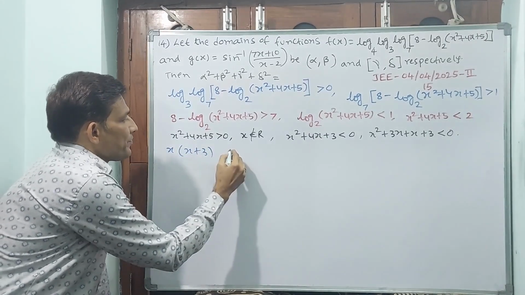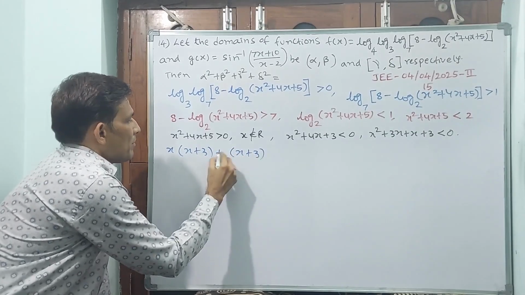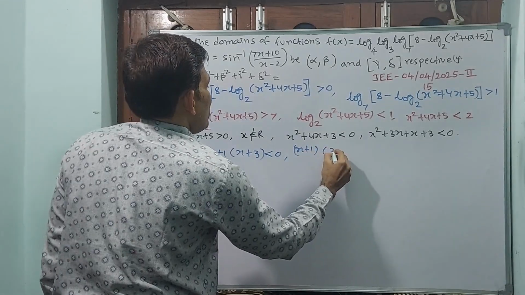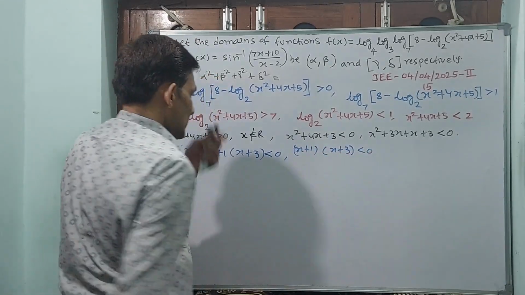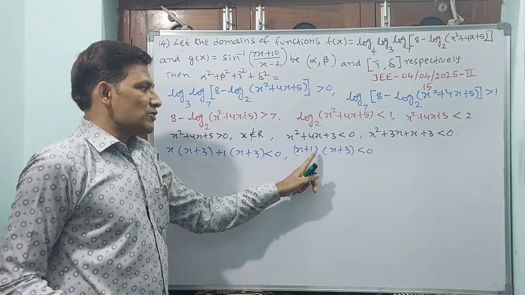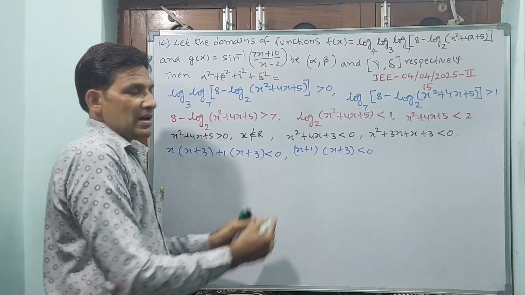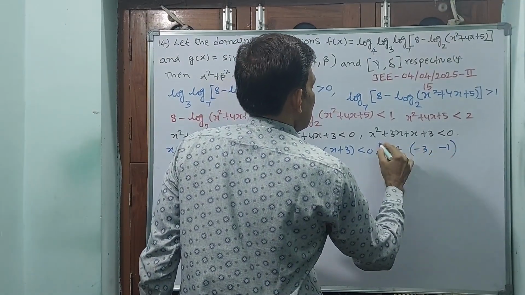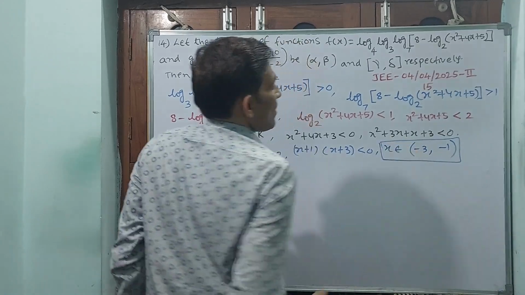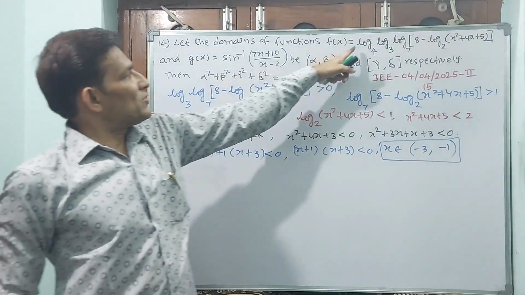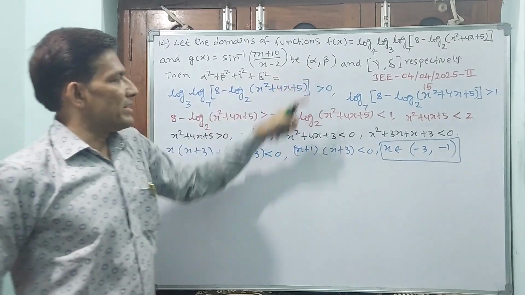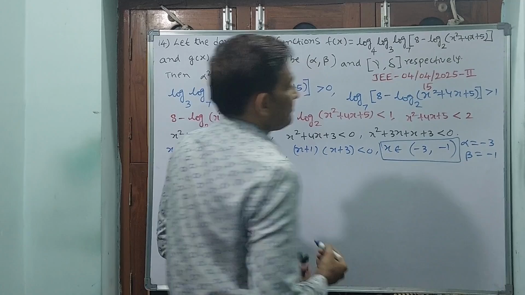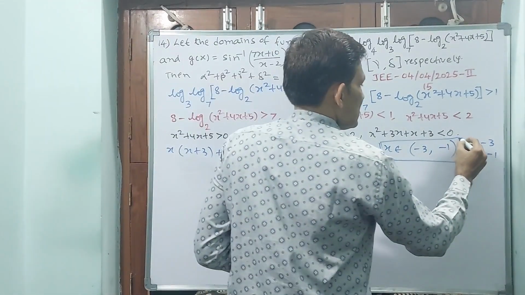That means (x + 1)(x + 3) is less than 0. Whenever less than 0 is there, x = −1 and x = −3, in between values will come. That means x belongs to (−3, −1), open interval. So for the first function, the limits are alpha and beta. Shall I say alpha is equal to −3, beta is equal to −1? Okay, shall I box this?